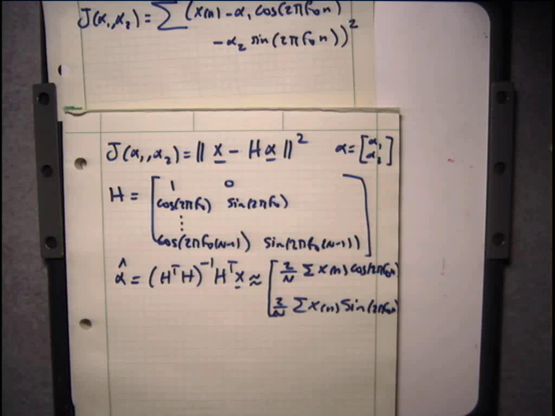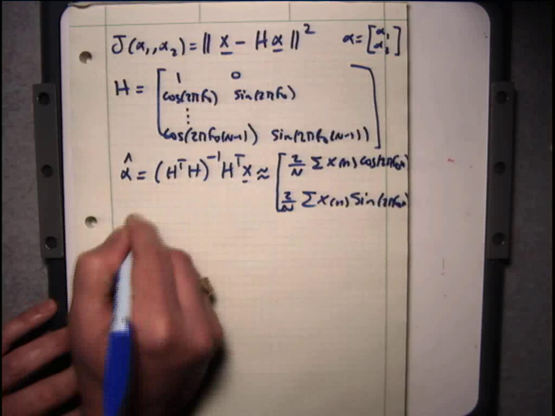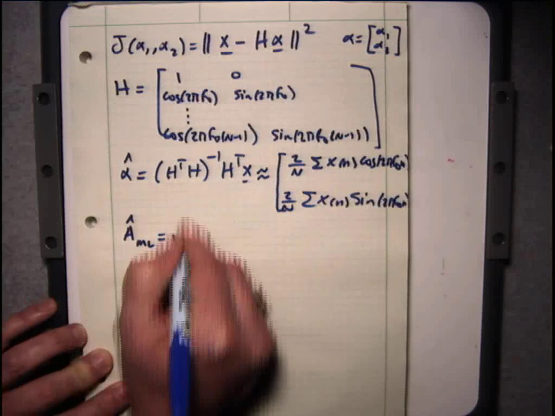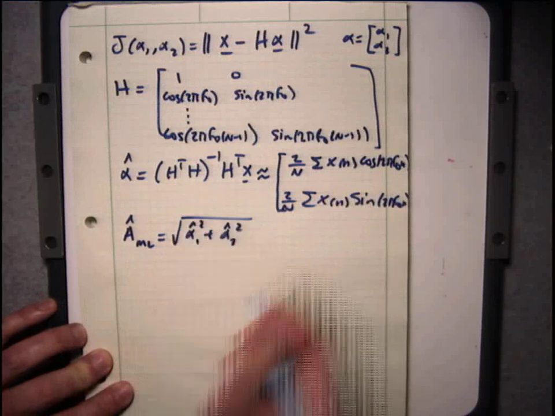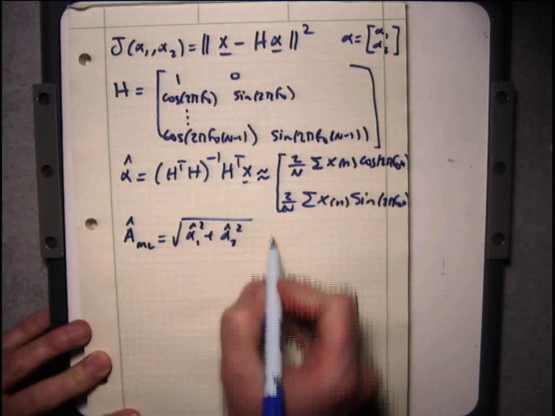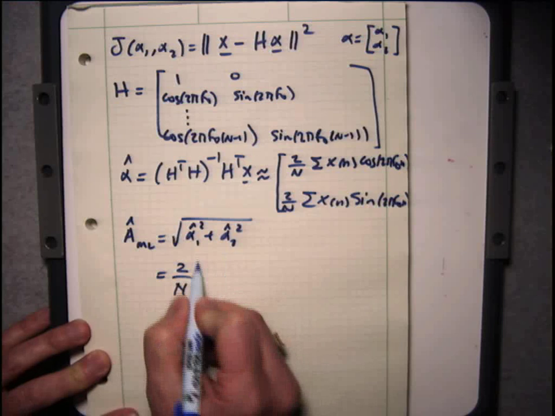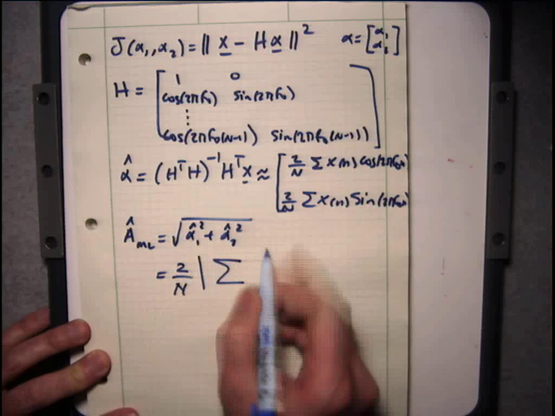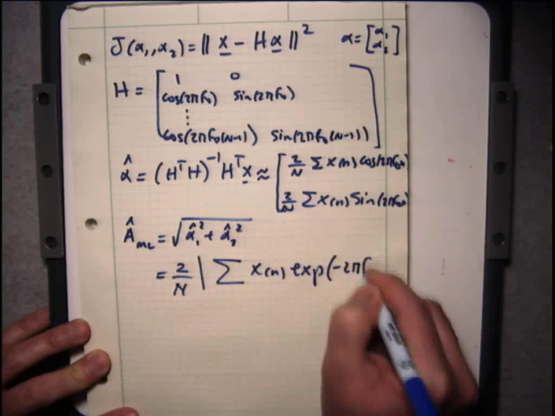Then if you take this, and from this you want to estimate the amplitude, it's easy, because the amplitude is in fact the square root of alpha 1 hat squared plus alpha 2 hat squared. And this turns out to be 2 over N times the magnitude of the sum of x[n] times exponential of minus j 2 pi f0 n.